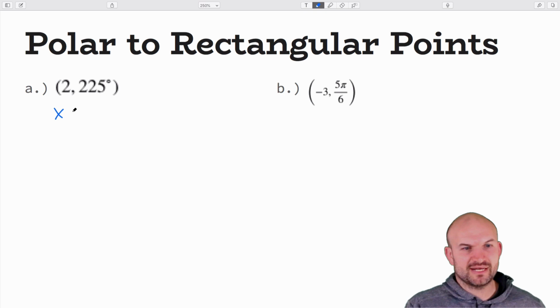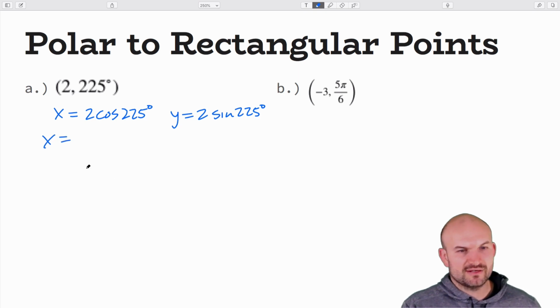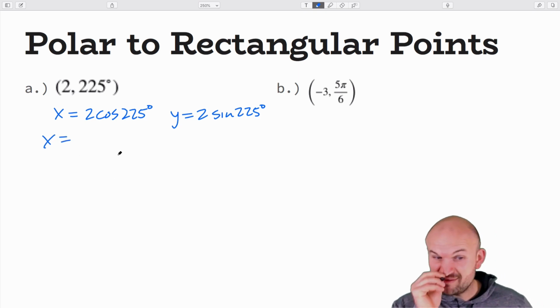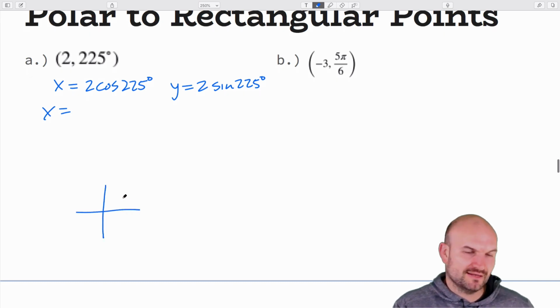So again, here I'm going to have x equals 2 cosine of 225 degrees, and y is going to equal 2 times the sine of 225 degrees. Okay, so again, it's going to be helpful to know where 225 degrees is. Well, that's going to be in the third quadrant.